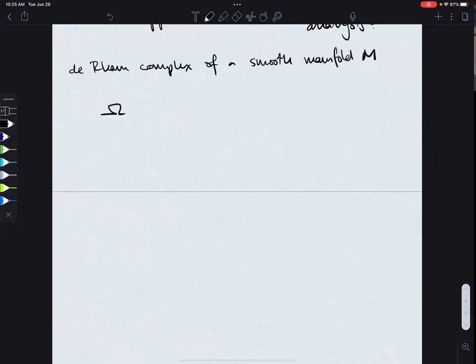So one example is something known as the de Rham complex of a smooth manifold M. I'm not going to elaborate too much on this, but I'm hoping it jogs a memory. If it's an n-dimensional manifold, you've got the 0 forms, the 1 forms, all the way up to the n forms.